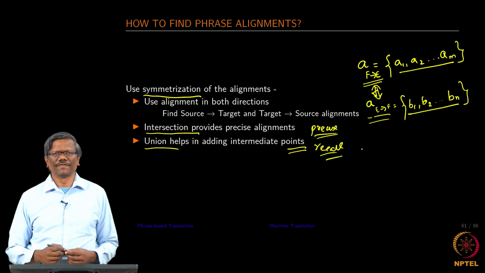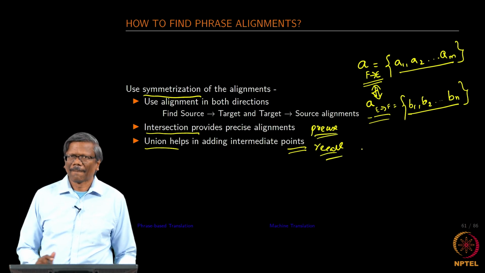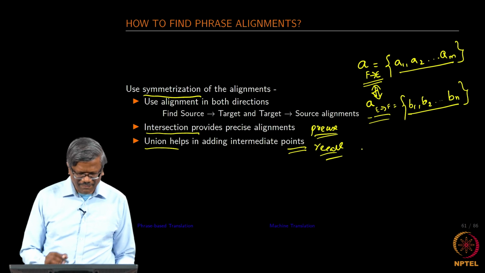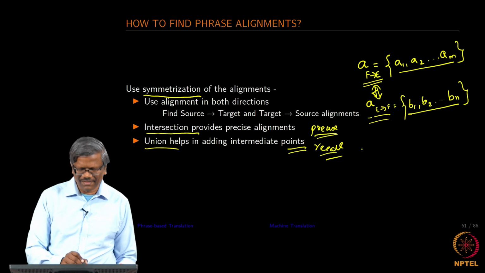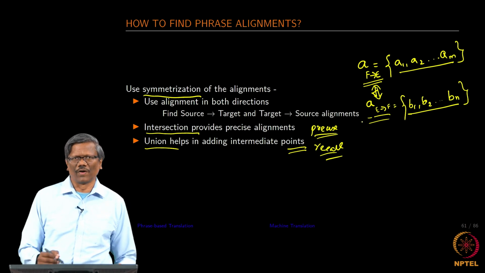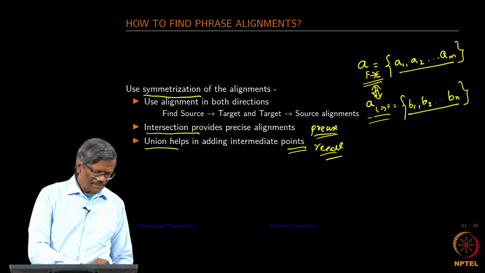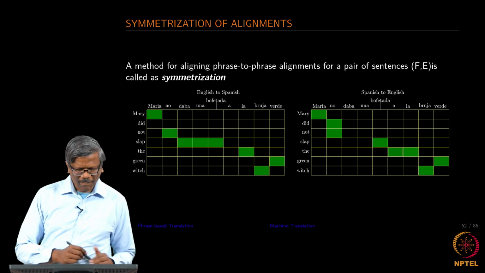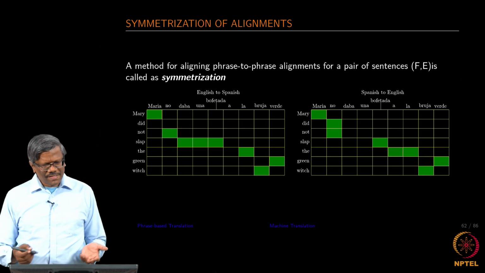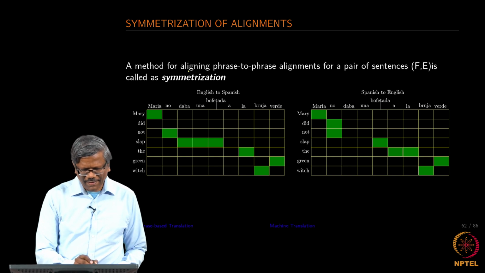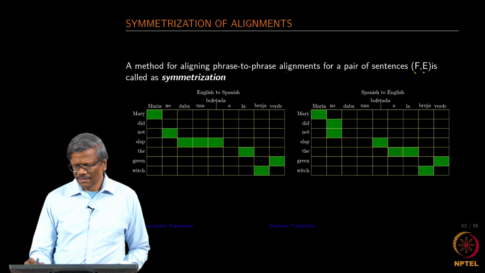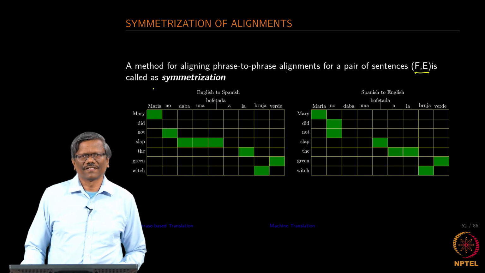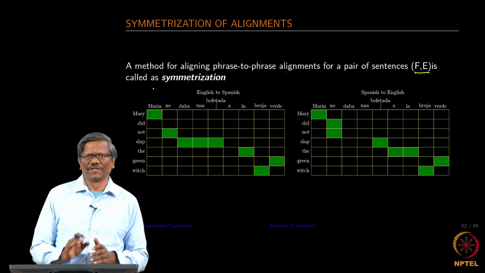Remember these terms that we used in information retrieval; it is very similar to that. We will take an example and see how this really works. As I mentioned earlier, the method for aligning phrase to phrase alignments for a pair of sentences is called symmetrization.